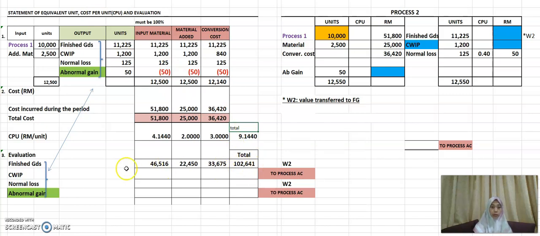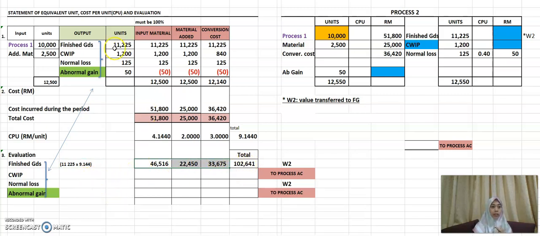You can also do that, but make sure you write the workings here. Instead of doing it column by column, you can straight away write 11,225 times 9.144. Then you can skip these three columns and have the total items only.